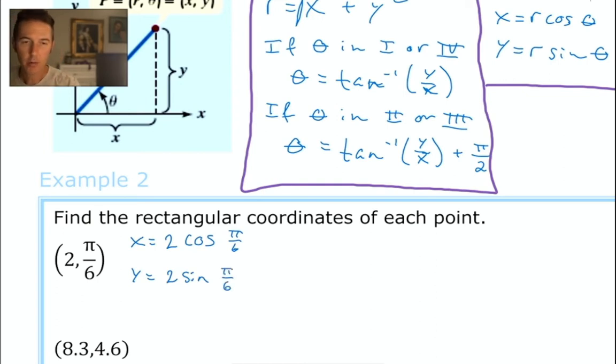All I did was take the r value of 2 and the theta value of pi over 6 and plug it into those two equations that you see in the top right corner of your screen. And now we need to evaluate cosine and sine. So that's 2 times cosine of pi over 6, which is root 3 over 2.